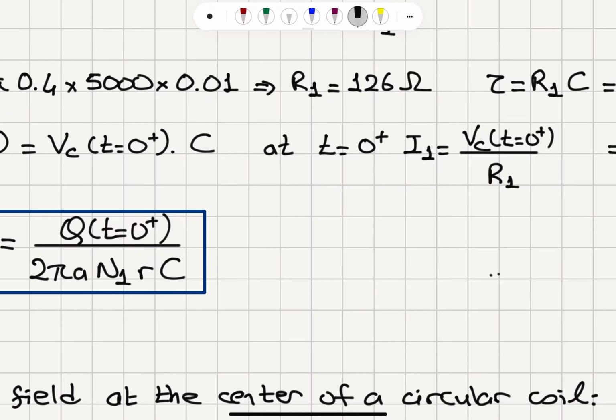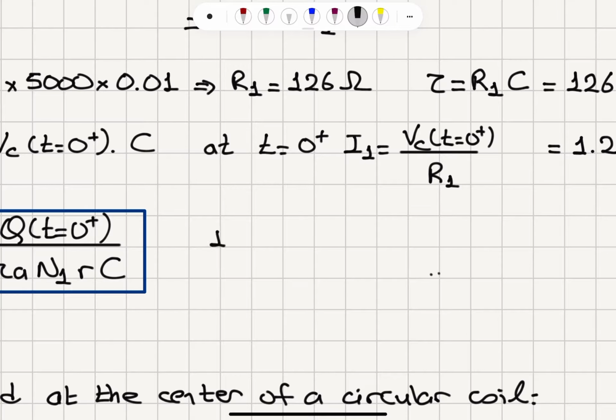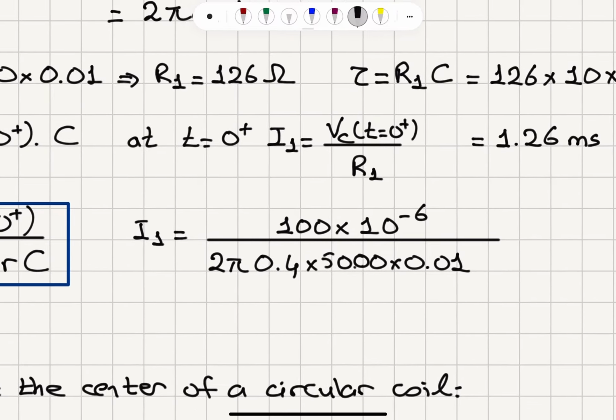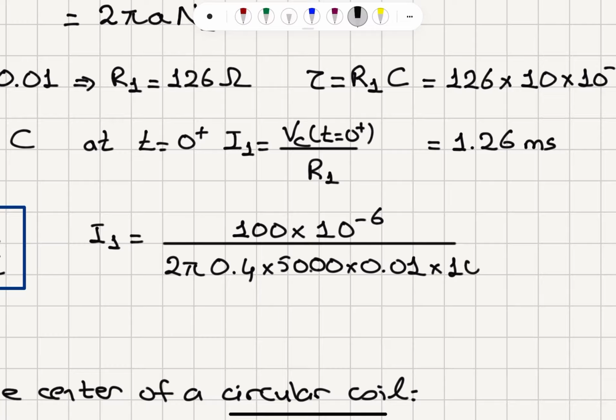Now if I plug in the numbers here, I1 is equal to the charge, the total charge stored on the capacitor was 100 microcoulombs, 100 times 10 to minus 6 coulombs. The resistance 2 pi A, 2 pi times 0.4 meters, 5,000 turns, 0.01 ohms per meter, multiplied by the capacitance 10 microfarads, 10 times 10 to minus 6.